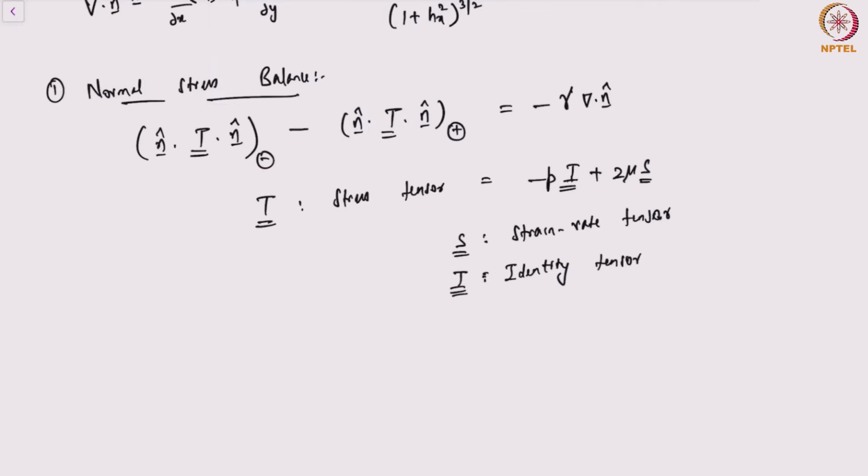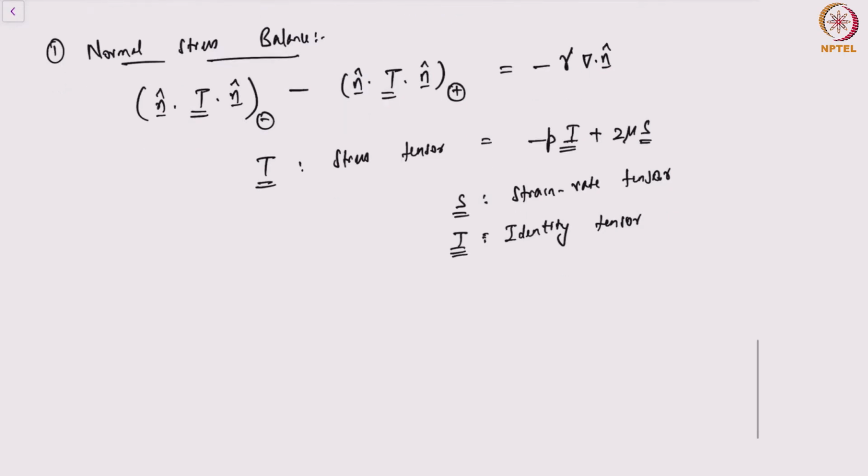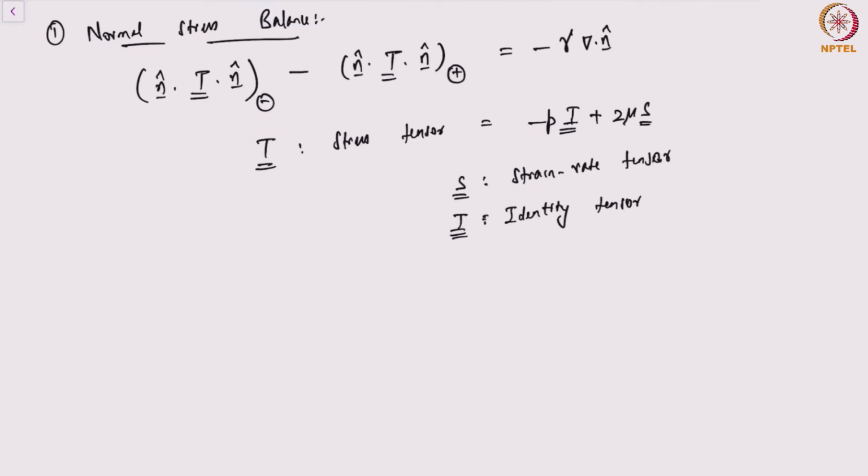So I'm not writing this in index form, I'm going to follow this kind of vector notation, the symbolic notation. I'm not going to use tensor notation or index notation for the benefit of students who may not be familiar with tensor notation, right? So let's basically write down the tangential stress balance as well. These are still general boundary conditions.